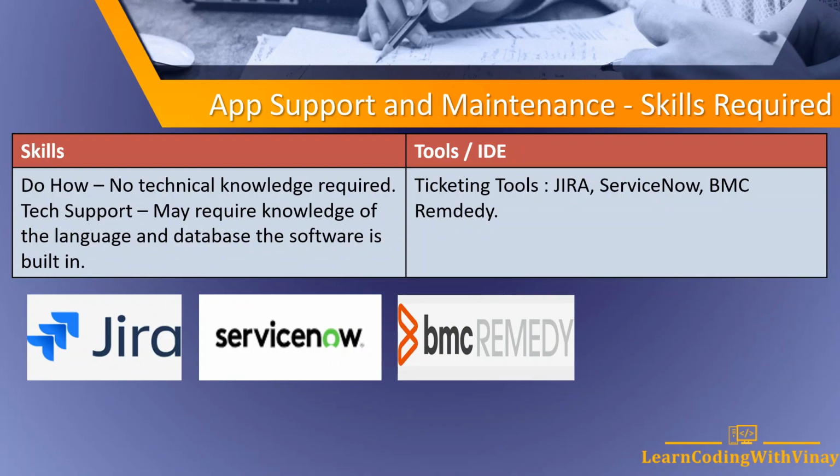Let's take a very simple example. Let's say someone has developed a hospital management software and you are working as a know-how support engineer. You should have knowledge of how the software is, which options are in which menu, and which menu item is built for which purpose. At the same time, you should know how a hospital functions on a day-to-day basis.